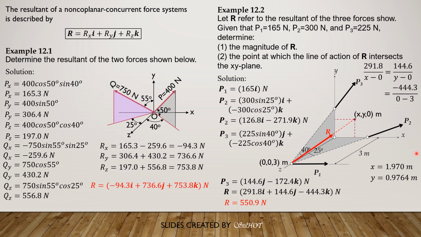Therefore, the point of intersection of the line of action of R with the xy plane is at (1.97, 0.9764, 0) meters. So that would be the answer for this problem.